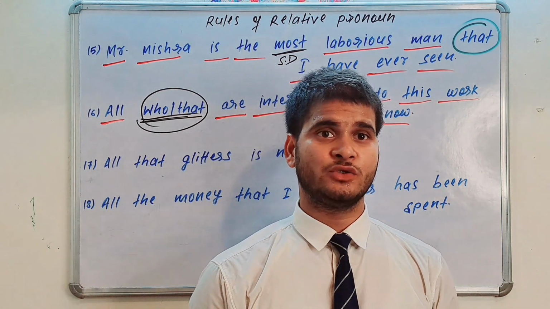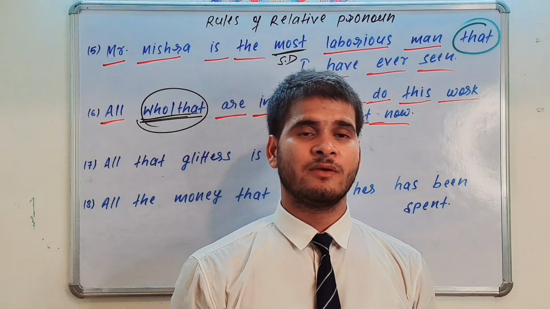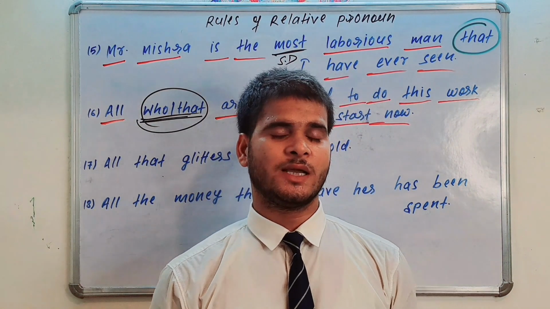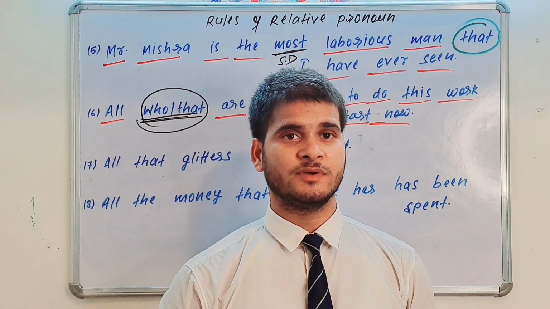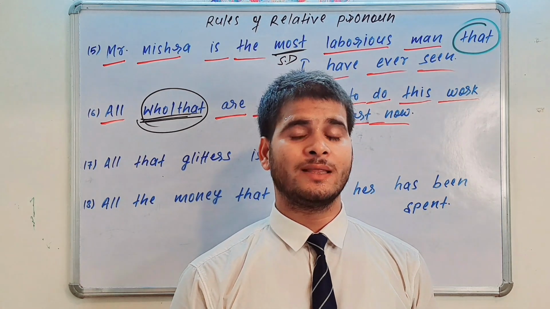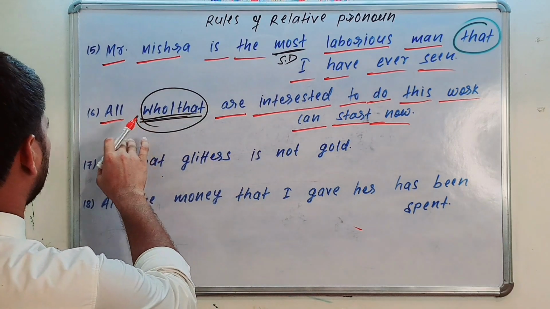If the word all is used only for a person, keep in mind, this is the fifth rule, the most important rule of relative pronouns. If the word all is used only for a person, then after that the relative pronoun who or that is used. Okay, that is the fifth rule here.